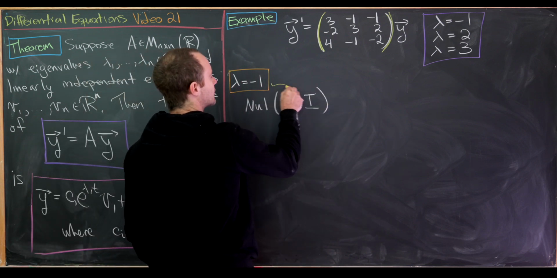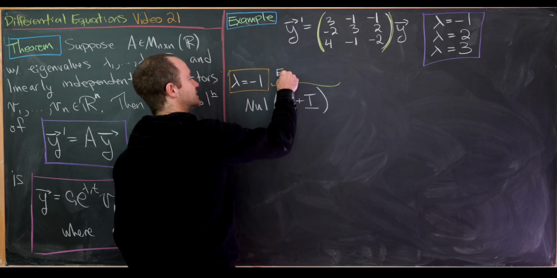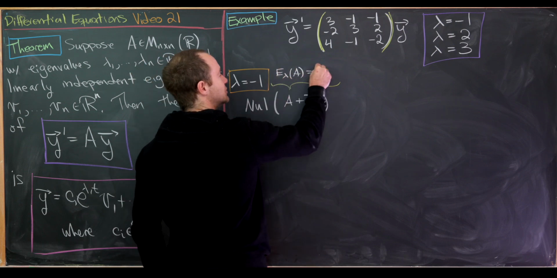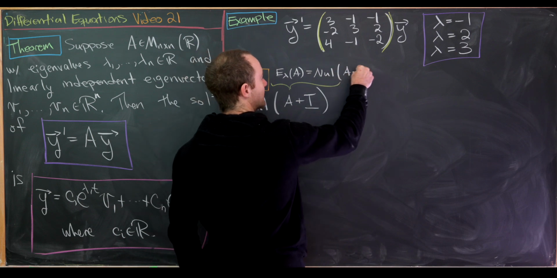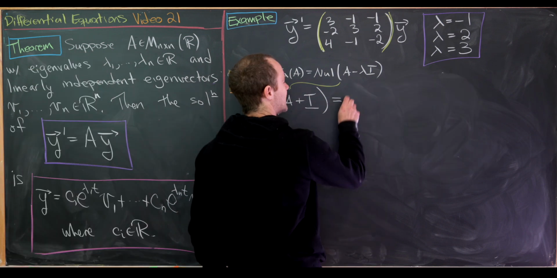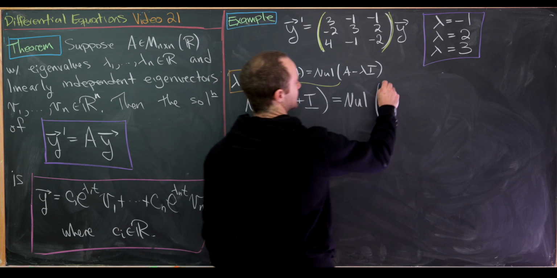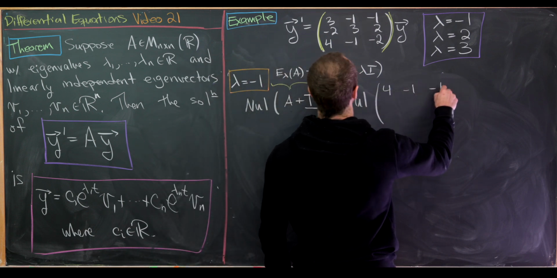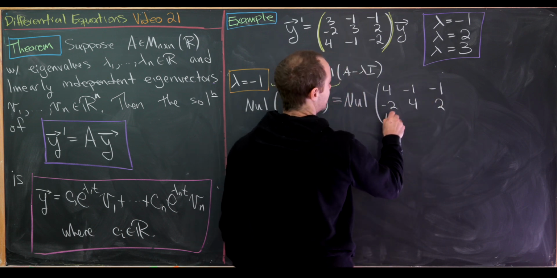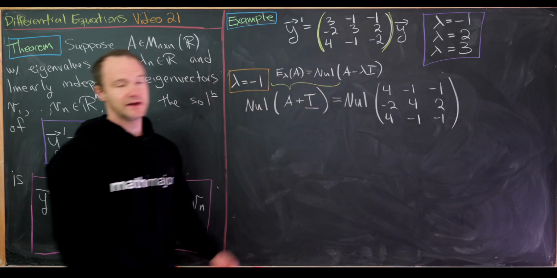Let's maybe quickly recall that what we're using here is that the eigenspace with eigenvalue lambda of A is in fact equal to the null space of A minus lambda times the identity matrix. That's what we're using here. So now we want the null space of the matrix where we've added 1 to everything on the diagonal. So that'll be 4, negative 1, negative 1, negative 2, 4, 2, and then 4, negative 1, and then another negative 1.